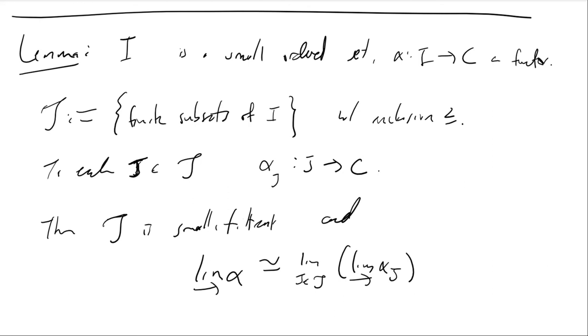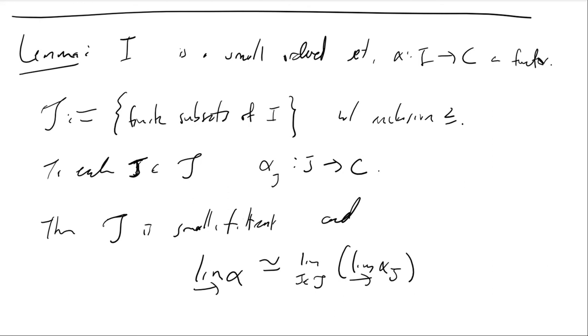So the consequence is that if I have a functor which commutes with these two classes of limits, the small filtrant inductive limits and the finite inductive limits, then it commutes with all small inductive limits, period. And you can specialize this to whatever more specialized class of limits you're interested in if you need to.